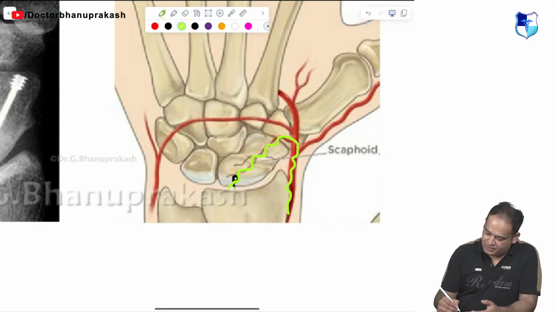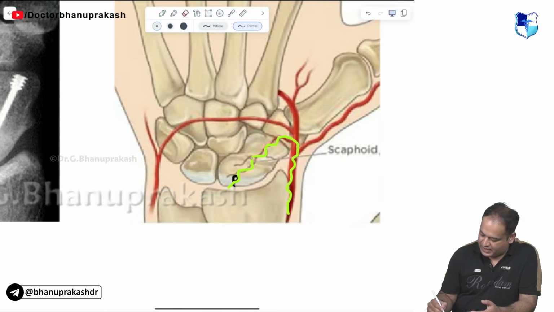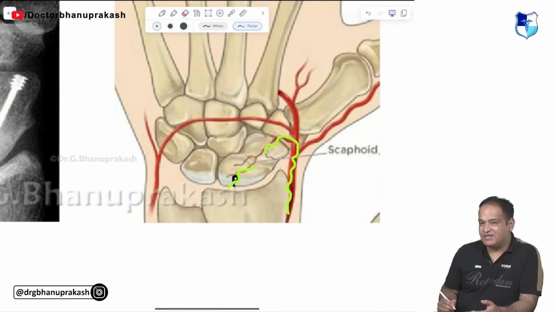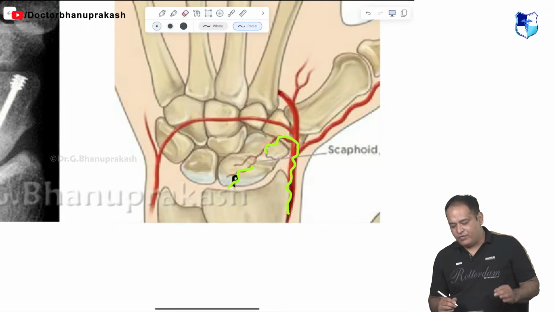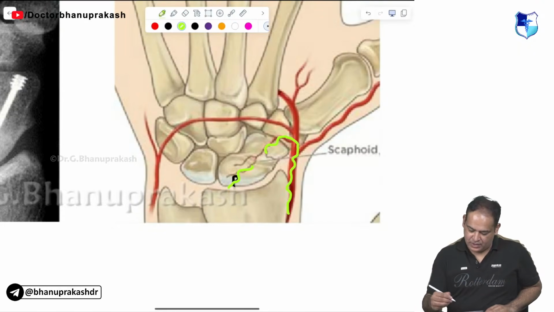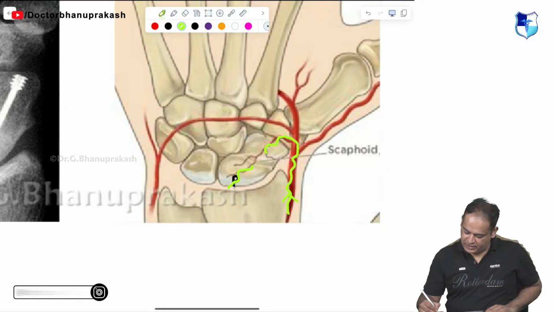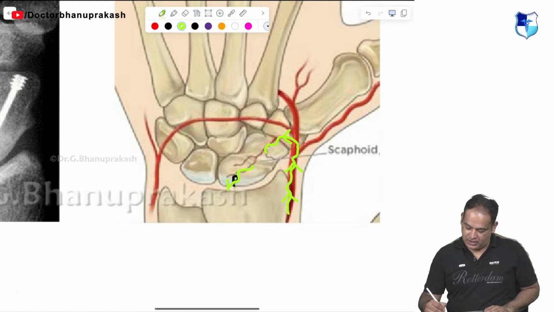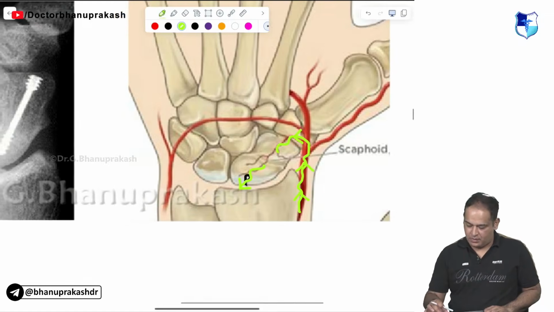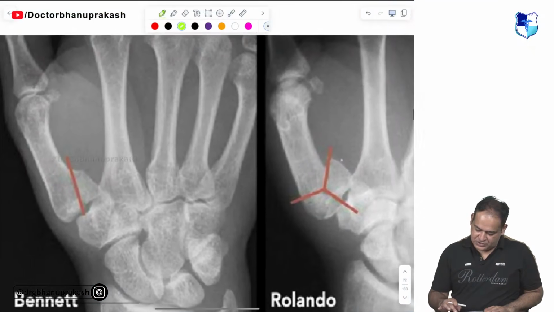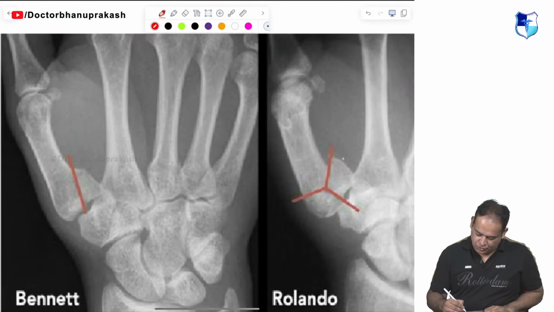Now, if the blood supply is interrupted like this, naturally it is the proximal pole which will develop avascular necrosis, right? Okay. Now here, the first image shows two fragments.